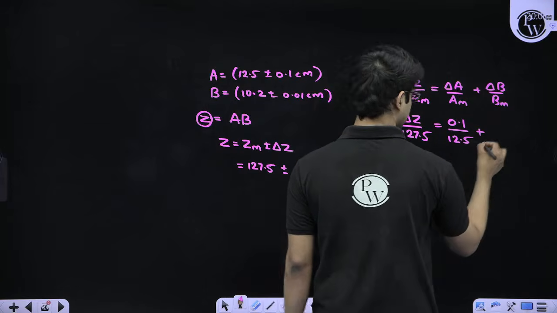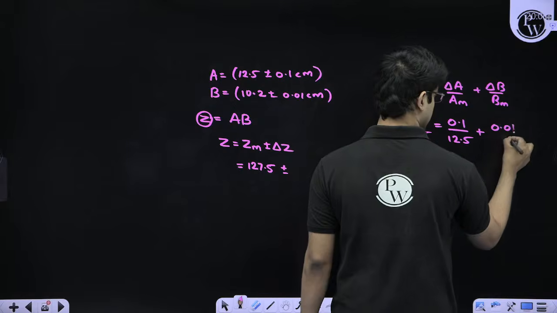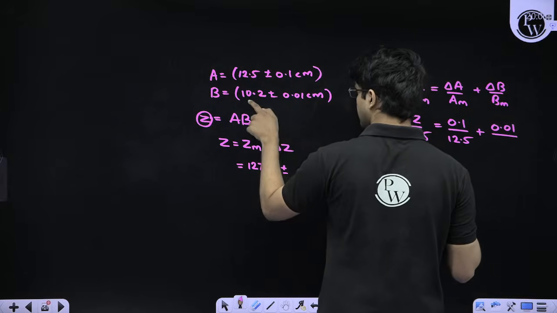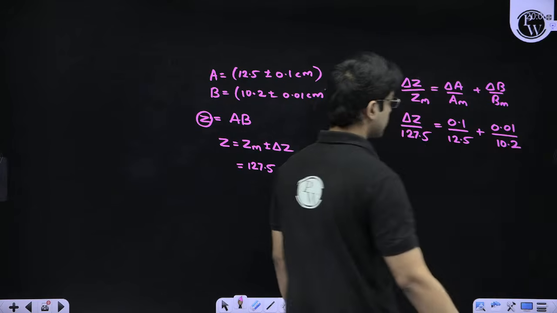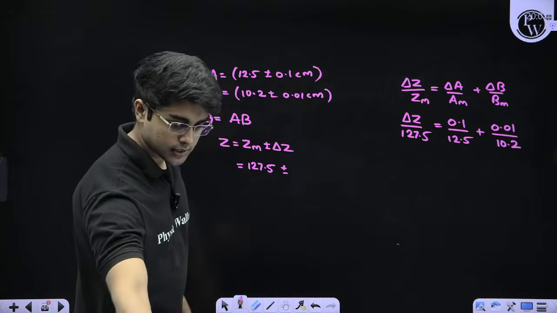Error in B is 0.01 divided by the true value here, 10.2. So from here you can find delta Z.